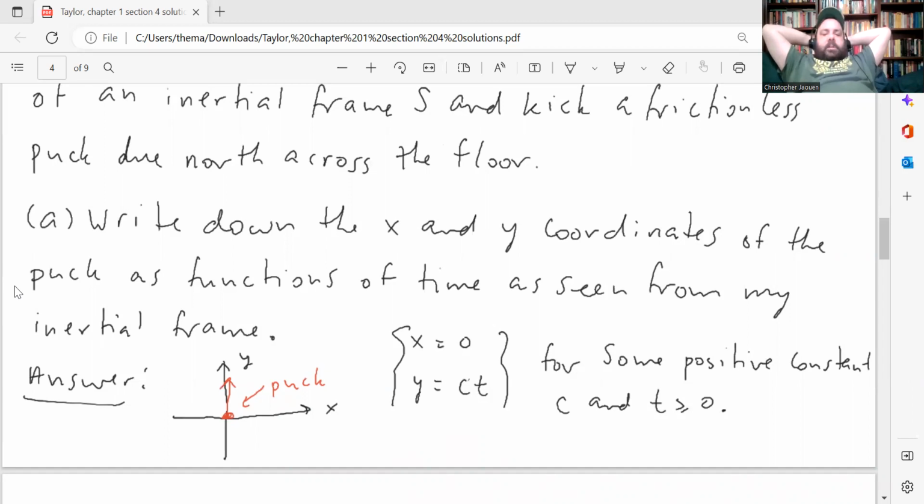In other words, the velocity of the puck is constant. The constant c is positive because it has to move along the positive y-axis because we're kicking it north, and that's it. That's the representation for the x and y coordinates, right?